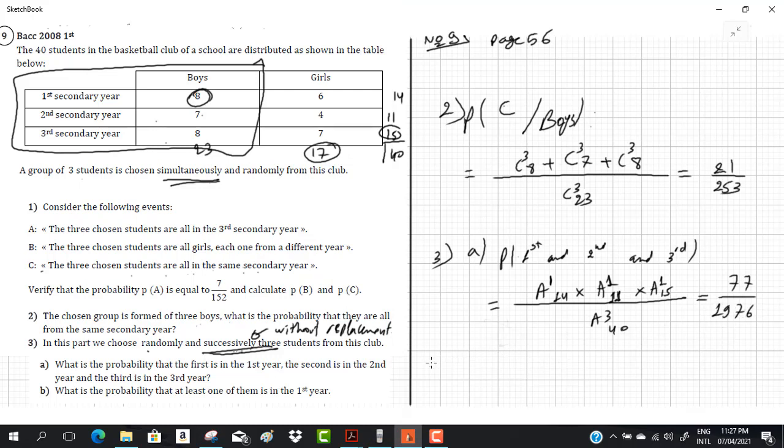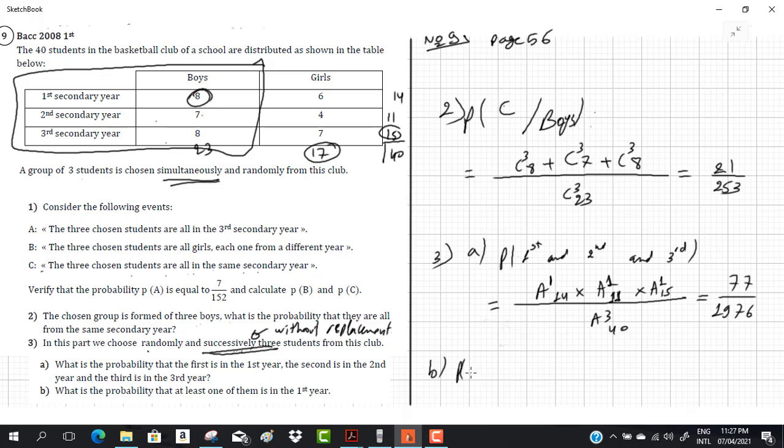Part B. What's the probability that at least one of them is in the first year? At least one in the first year means one of them in the first year, or 2 in the first year, or 3 in the first year. This takes a lot of calculation.